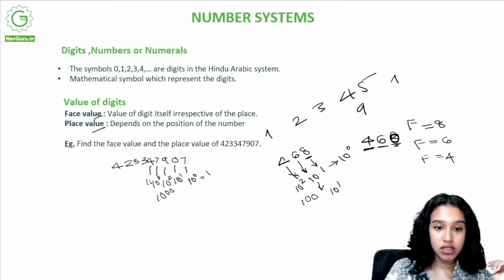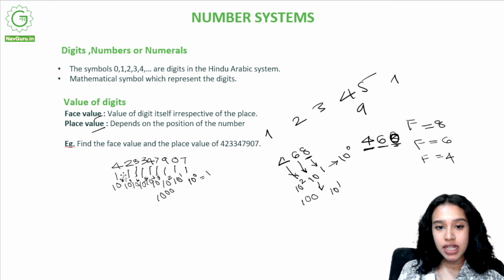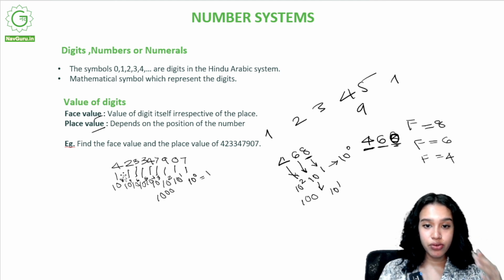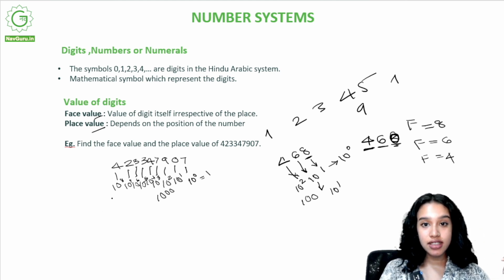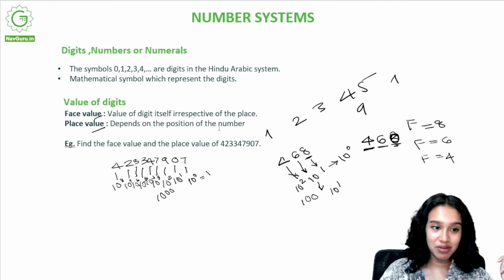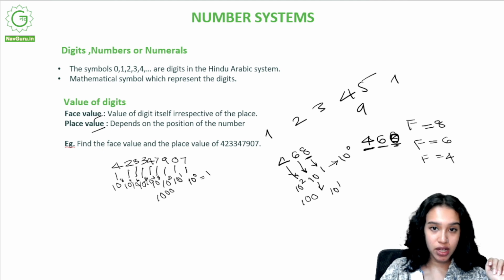And it goes on: 10 raised to 4, 10 raised to 5, 10 raised to 6, 10 raised to 7, and 10 raised to 8. So these are the place values of this number, 423347907. This is a pretty huge number. Now we understood what face value and place value are.